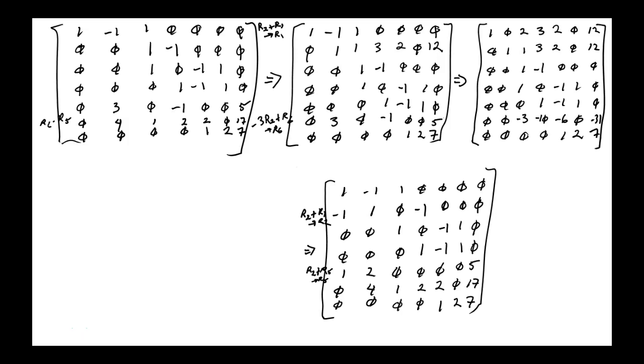So, what's going to be our attack? There's our leading one. So we want 0 there. So that's going to be minus 2 row 3 plus row 1. I don't have room to write everything, so let's do it here.